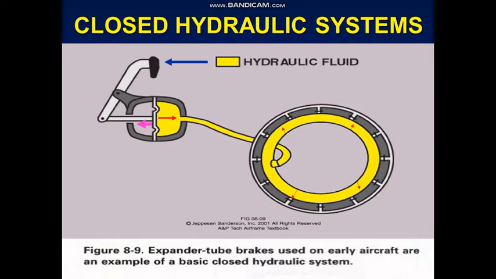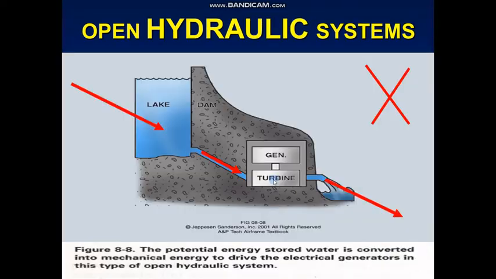But the closed hydraulic system has a closed area. Like here, we have the brake expander tube brakes used on the early aircraft, an example of the basic closed hydraulic system. So the difference between the open and the closed: in the open type, the liquid will go outside, so it means open hydraulic system.